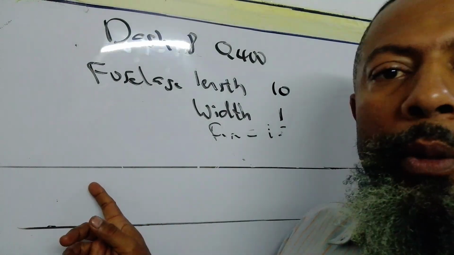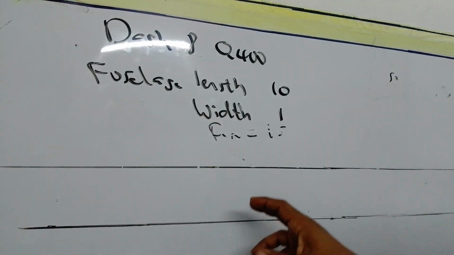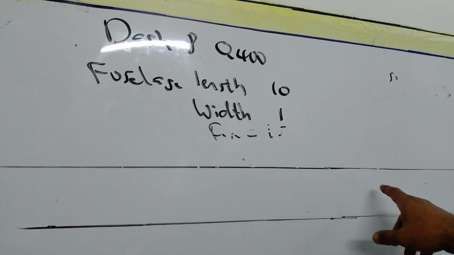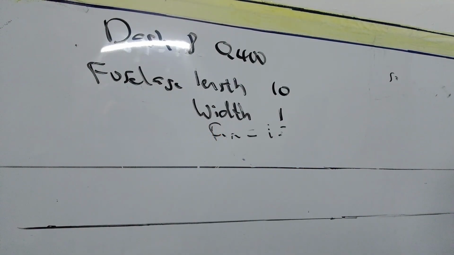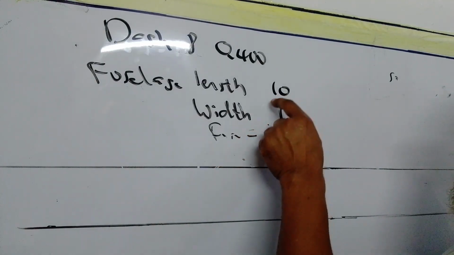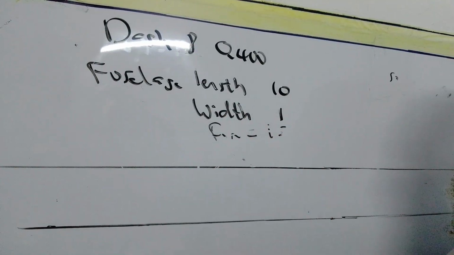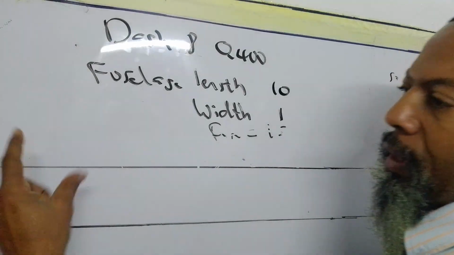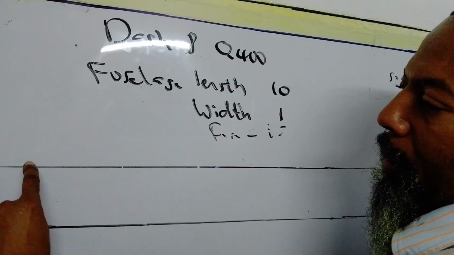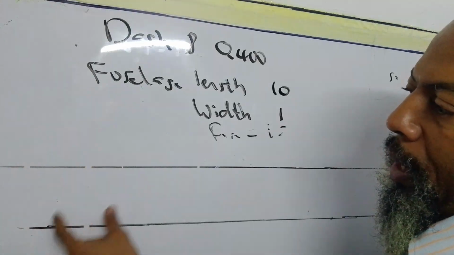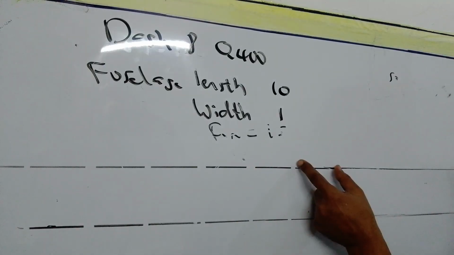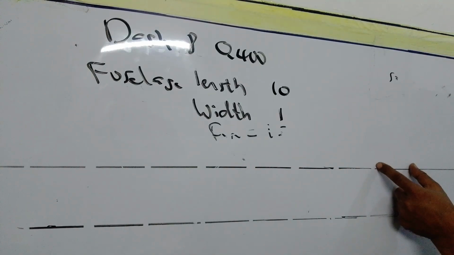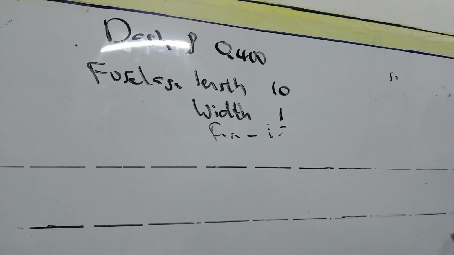So the first thing, remember, you've got two parallel lines. Once you have your two parallel lines, you can go ahead and get 10 units. So I'm going to cut here 10 units. I can just use my finger. And then proportion 1, 2, 3, 4, 5, 6, 7, 8, 9, and 10.